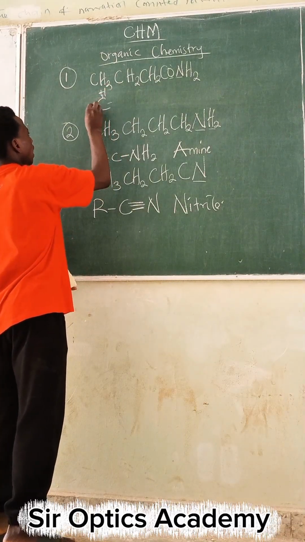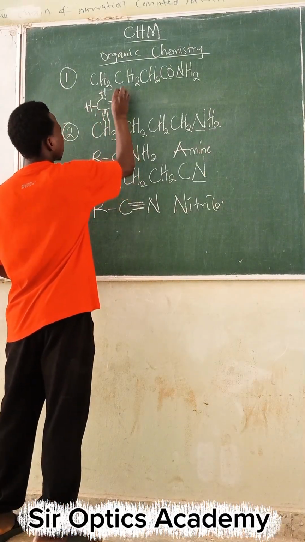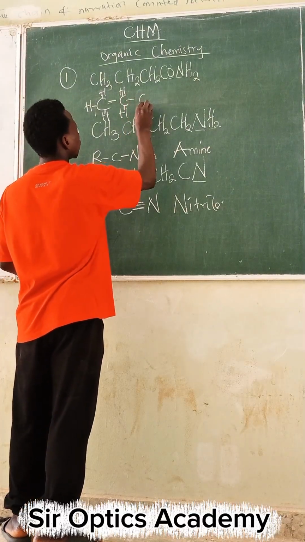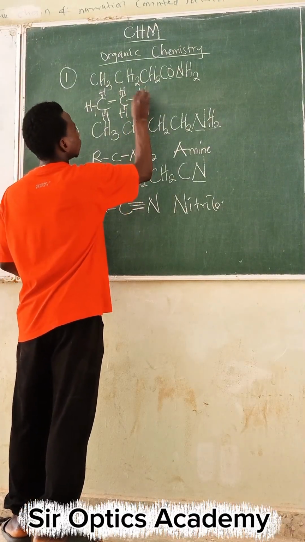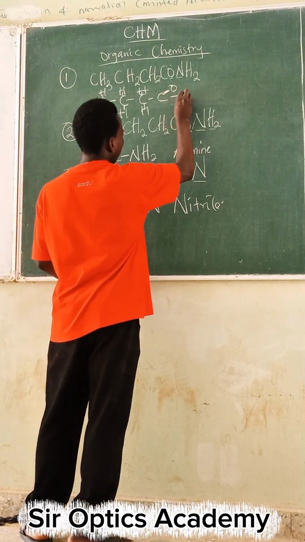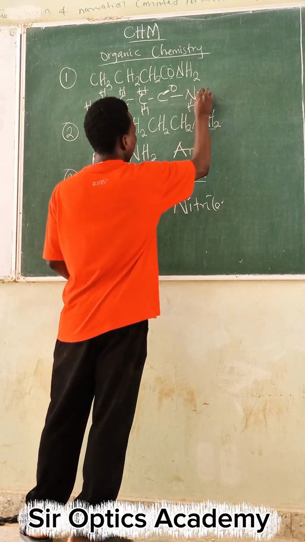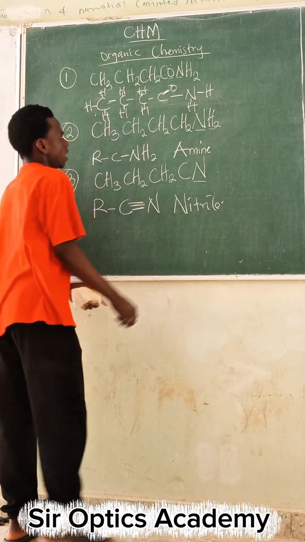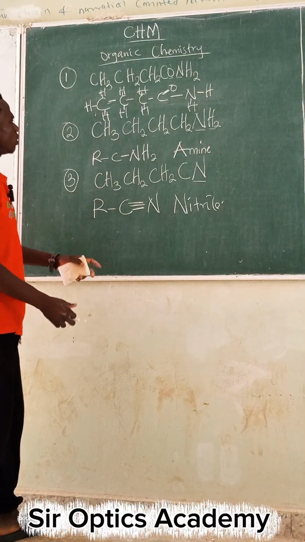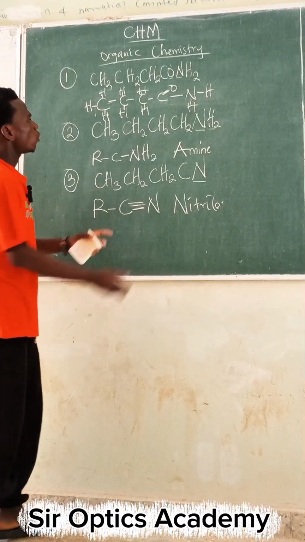This carbon is bonding to three hydrogen atoms, and then bonding to this carbon, and then you have your carbon, which is double bonded to oxygen and then single bonded to nitrogen, which is bonding to a hydrogen and a hydrogen. So in that case, we'll have our functional group and the compound split to the simplest form for us to name it.